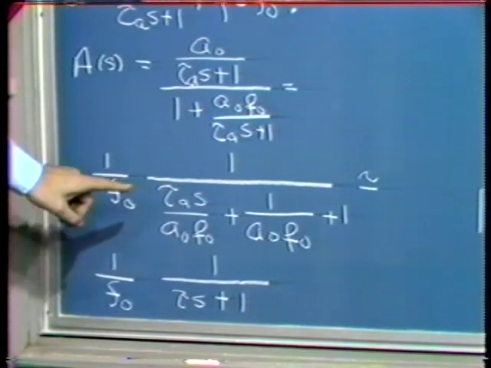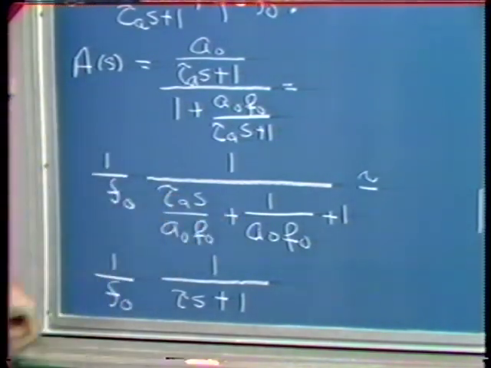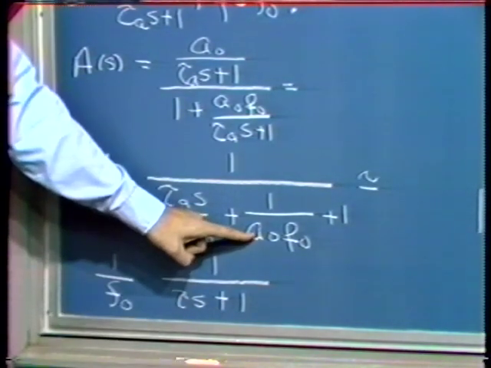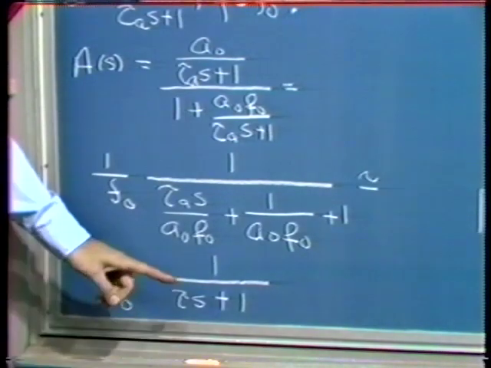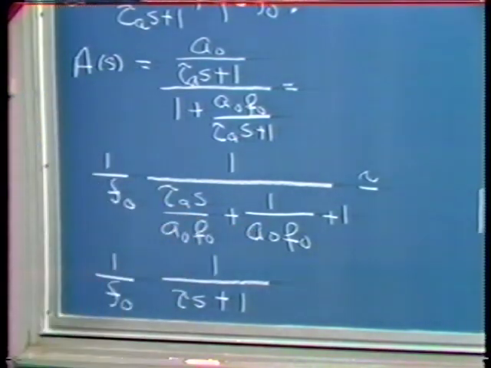Now, in most cases of interest in feedback systems, the A0 F0 product is large. In other words, we have a system that at least at 0 frequency has large loop transmission magnitude. Something may happen to the loop transmission magnitude at higher frequencies, but we'd hope that at least at relatively low frequencies the loop transmission magnitude is large. Consequently, the A0 F0 product hopefully is large.